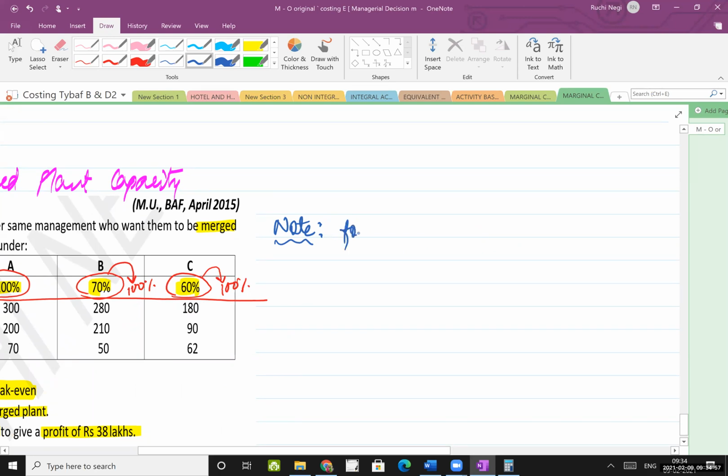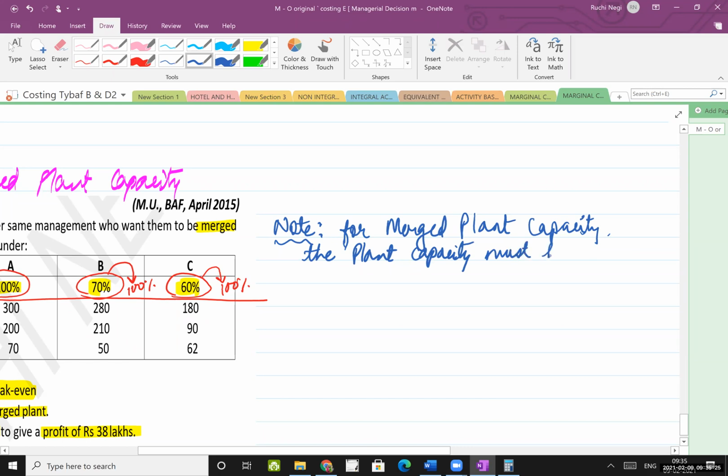For merged plant capacity, the plant capacity must be at 100. This is very important. ये ध्यान में रखो.